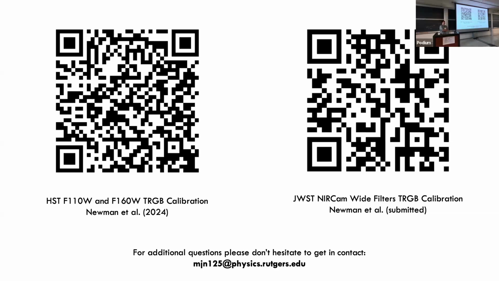This is something that continues to be a topic of conversation. I have not done forecasting, but it is definitely something I want to do, and being at this conference has been really eye-opening to the tools that are available or becoming available to do these types of analyses, so I'm really excited about that. But yes, in order to measure the TRGB, like I've emphasized, you need the statistics to be able to identify the TRGB.